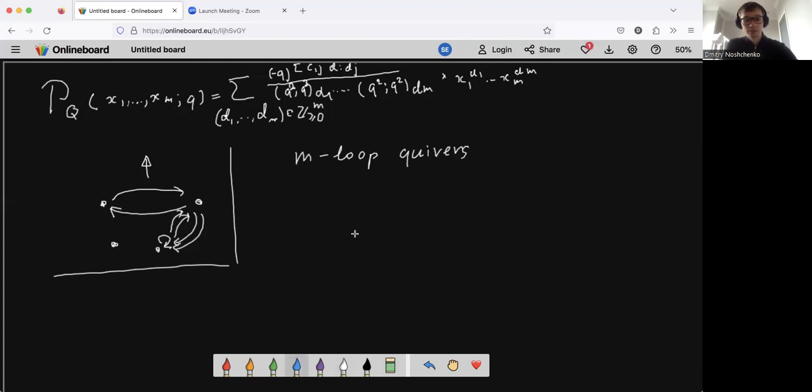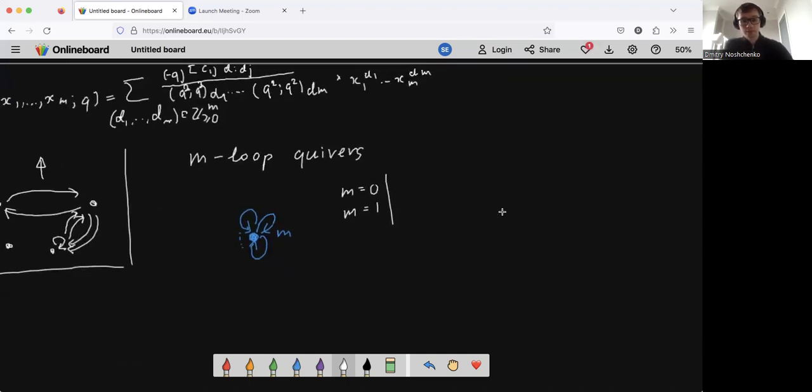So basically, this is just one node and a certain number of loops. So one can write immediately. The simplest cases would be, of course, m equals 0 and m equals 1.